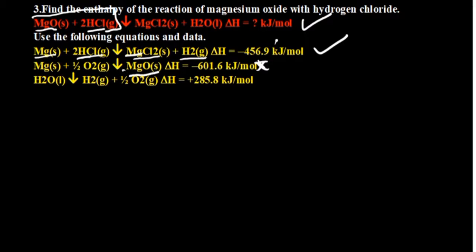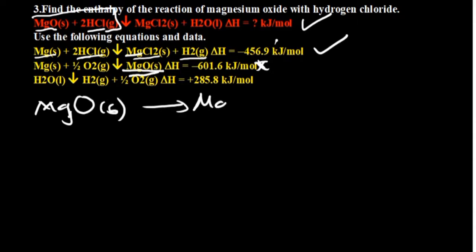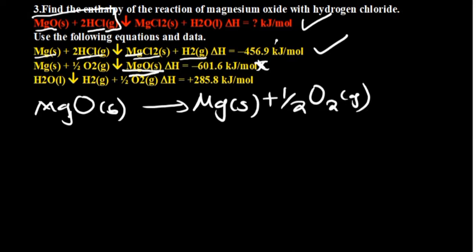So we have magnesium oxide in solid form, giving us magnesium plus half oxygen molecule. Remember we've said that whenever you reverse it, the enthalpy is supposed to change the sign. Since it's a negative, it will become a positive. So 601.6.